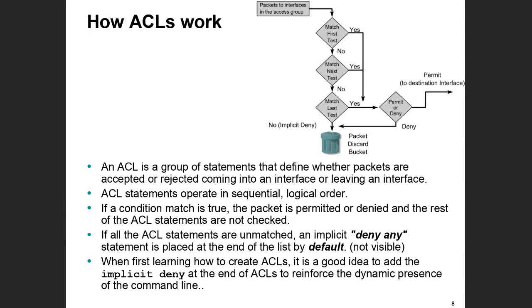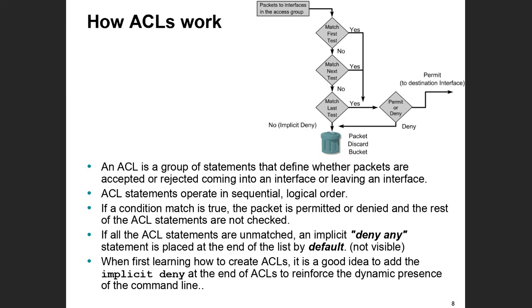If it matches, then it looks at the end of the statement and says, is this a permit or a deny? And if it's permitted, it passes on just like normal. If it's denied, it's dropped. And the rest of the access control list isn't checked. If the first statement is no match, it will go to the second statement and check it. And it will continue in this fashion for however many statements there are with permits, denies.